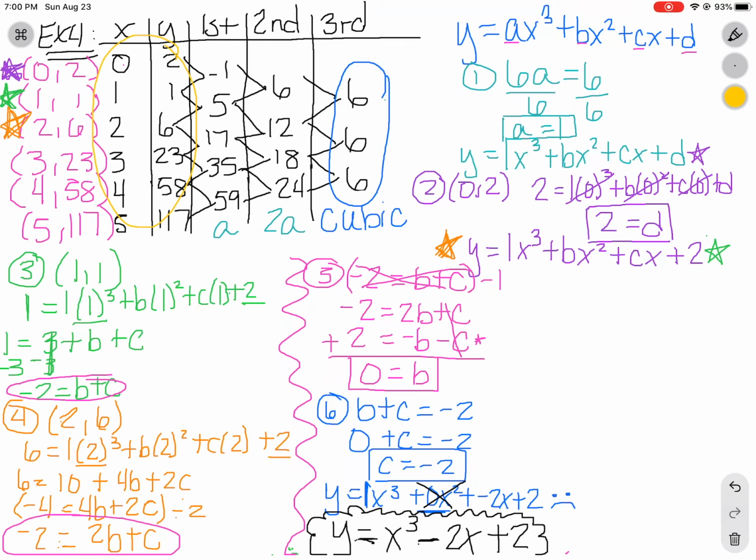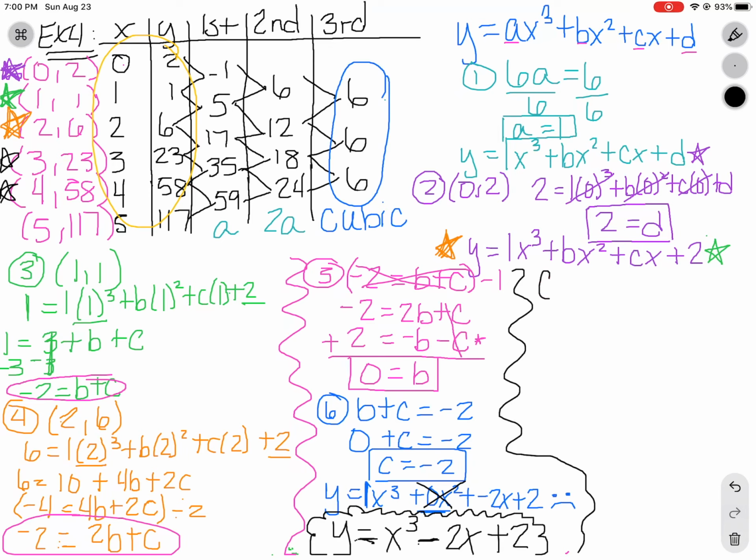So the last thing that it says in your notes is to give evidence that your equation is correct. So all we have to do for that is plug in a couple points. So we're going to plug in this one and this one. If we get true statements, then that's evidence.